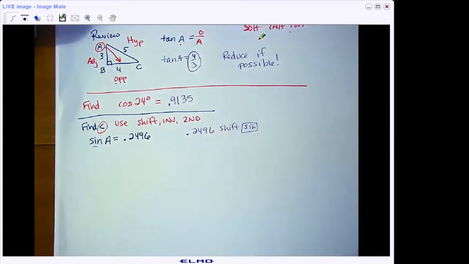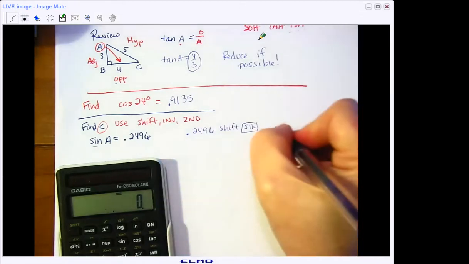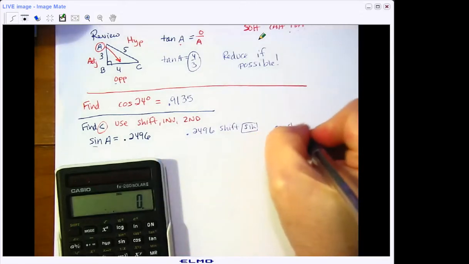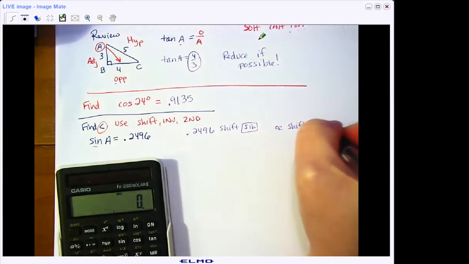Or on a phone, you might have to do shift or second sine and then the decimal.